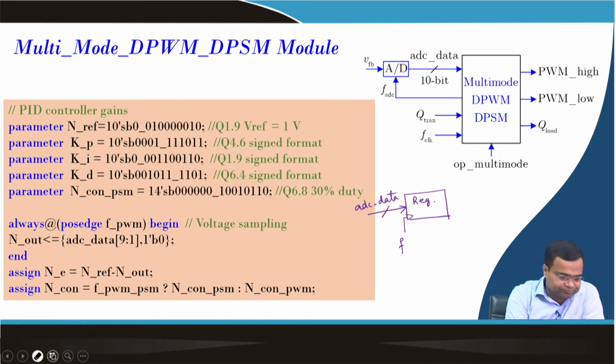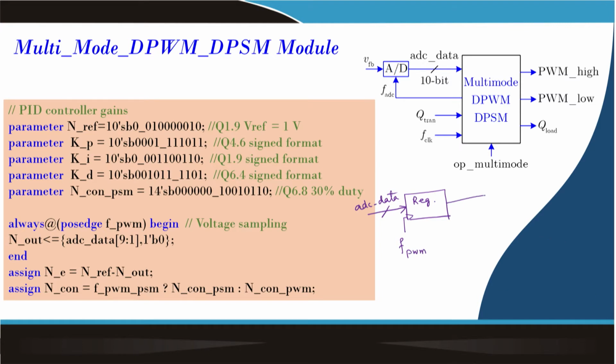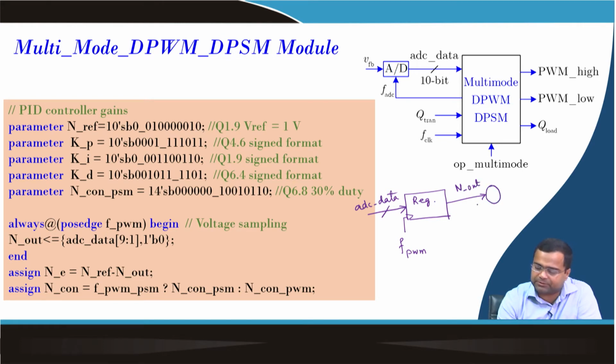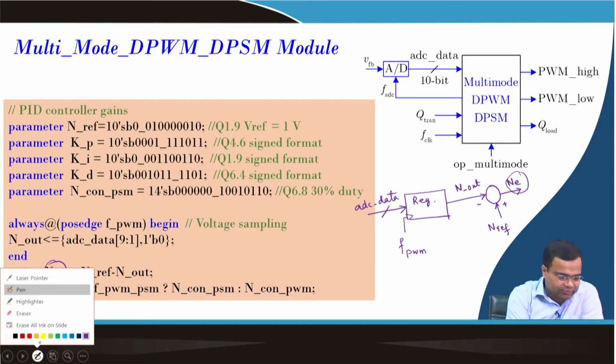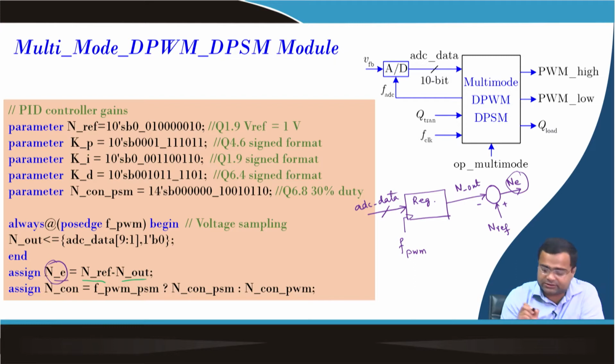You can say this is FPWM, and the data which is going out is N out, that means the output. This data is subtracted from the reference command, which is N ref, and it generates the error, which is here. So, this is the error: reference minus out.